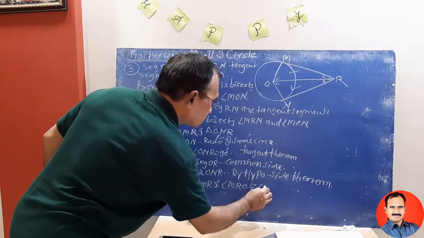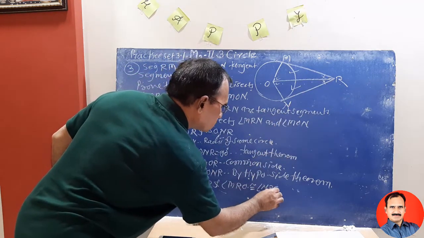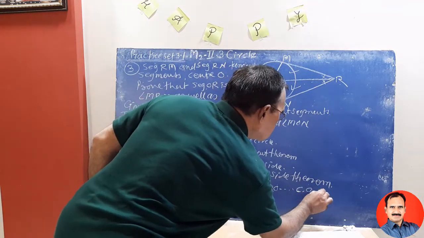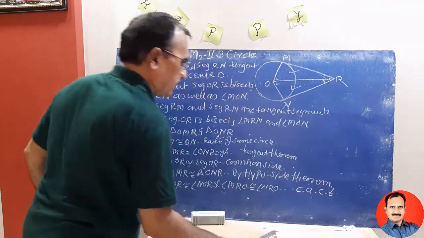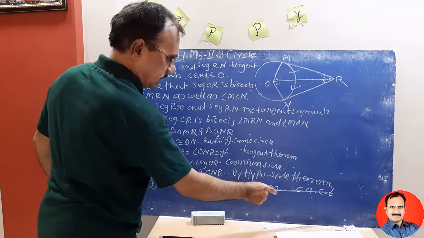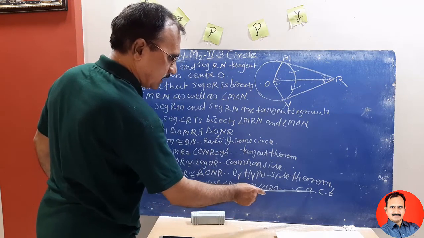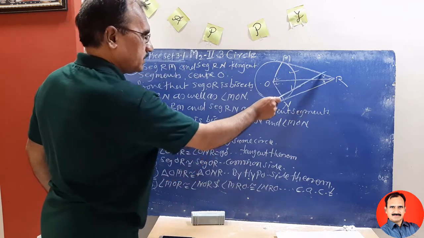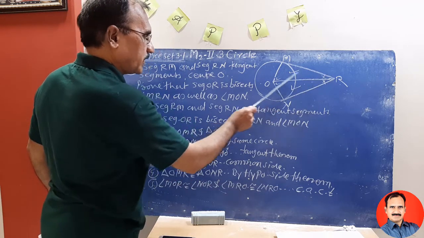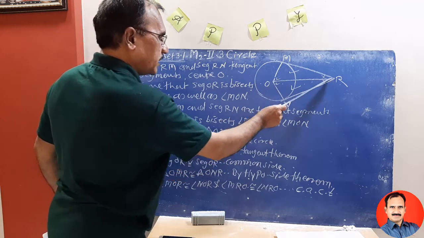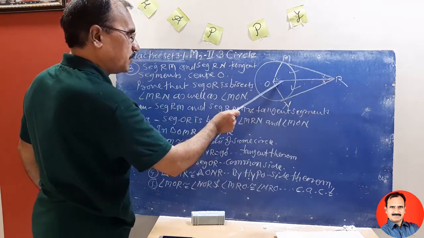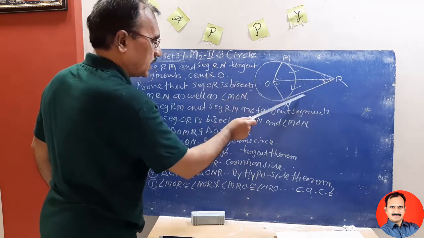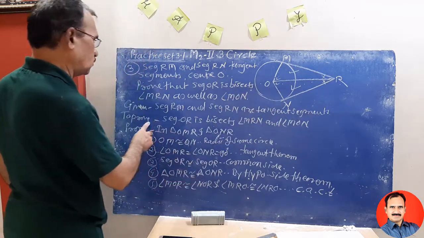These two angles are corresponding angles of congruent triangles, CACT. These two angles are congruent, and these two angles are congruent. If these two angles are congruent, then we can write segment OR bisects angle MON and angle MRN, and this is what we have to prove here.